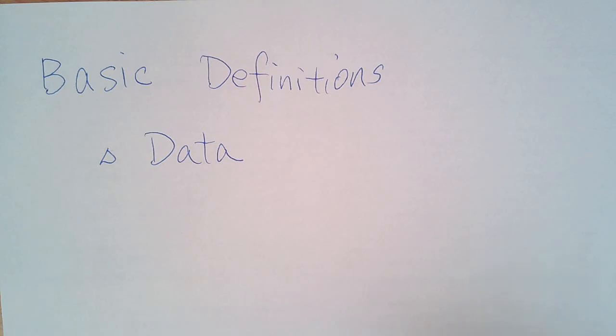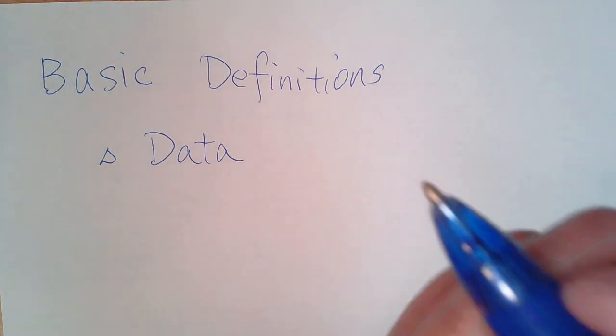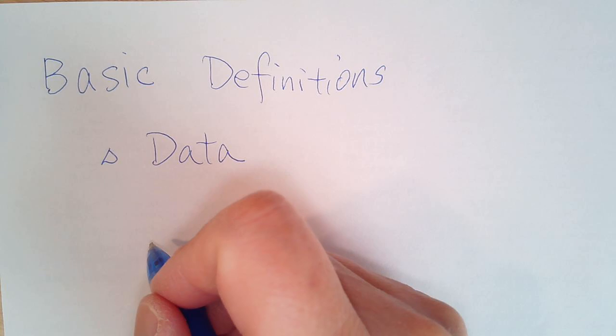We call that data. It's a collection of observations. Of course, when we talk about the data in statistics, we don't really use a long sentence or paragraph to describe our observations. We break it down into what we call variables or categories or things like that. So data is a very basic concept here.